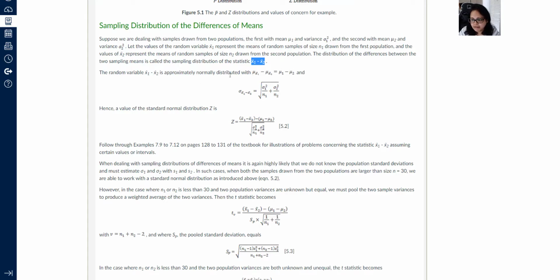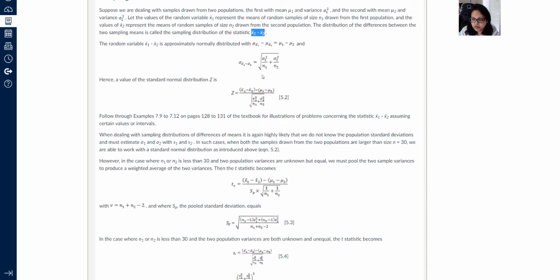So we have the population mean from the first population and the second population, and then we use the combination of the variances so that we can get the standard deviation of the difference between those means. This is called the combined or pooled standard deviation.